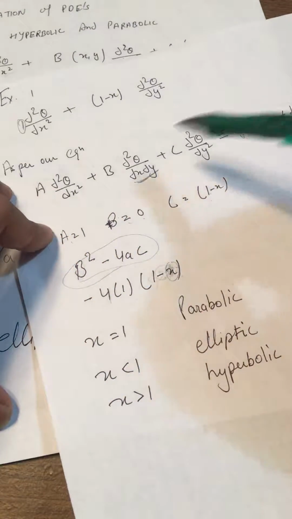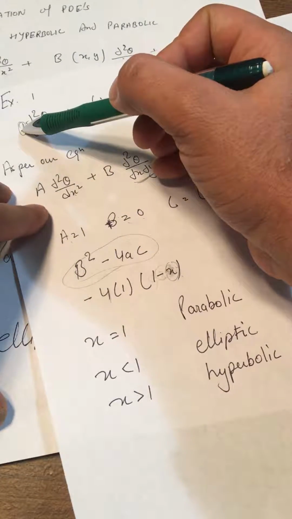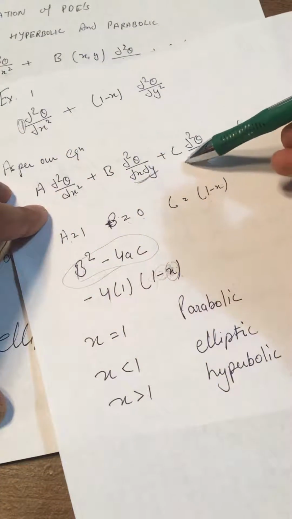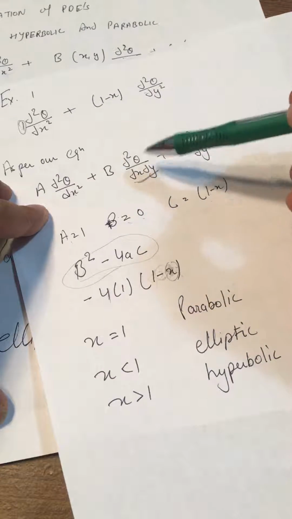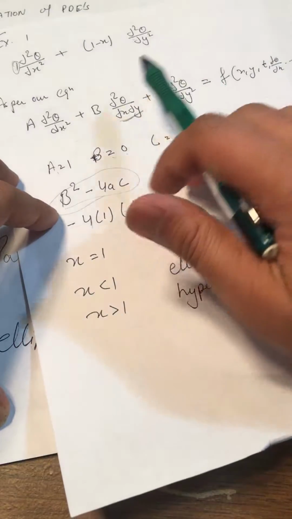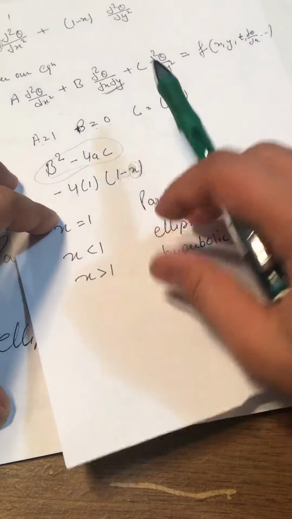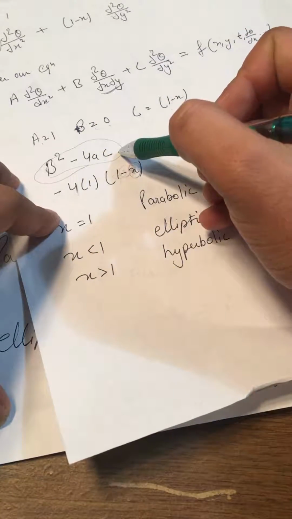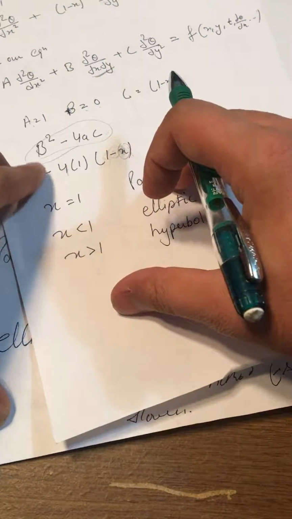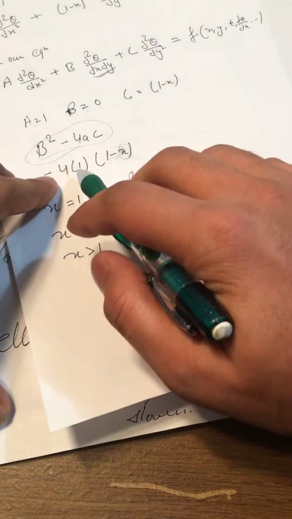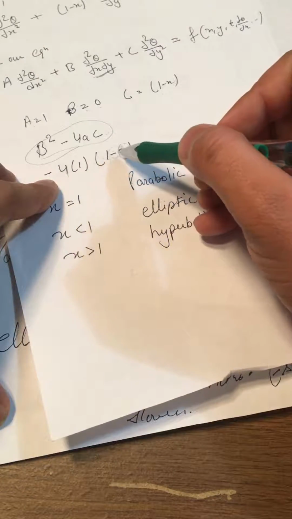So as per this equation, our a term is equal to 1 and our c term is equal to 1 minus x, but there's no b term. So a is 1, b is equal to 0, and c is 1 minus x. If we put these values in our expression, the b term becomes 0, and the rest is minus 4 times (1 minus x).